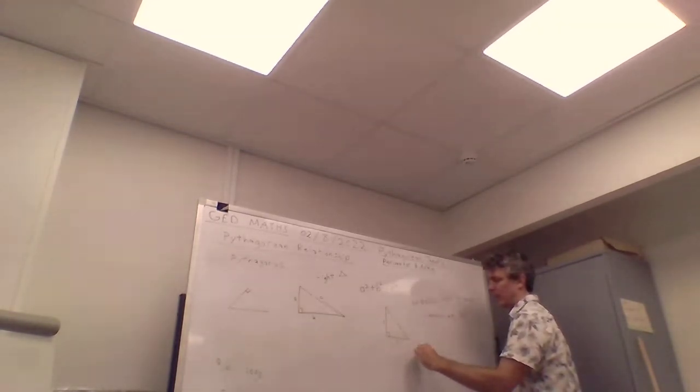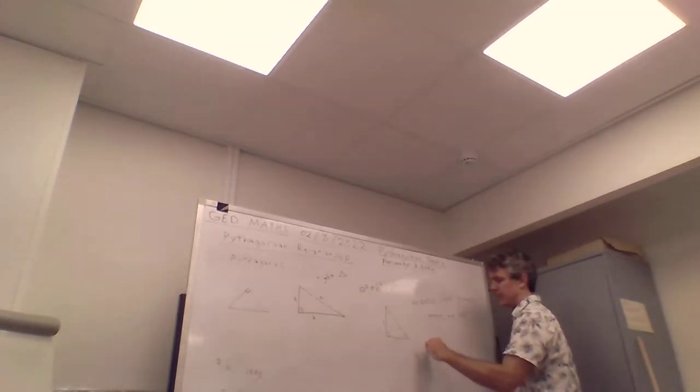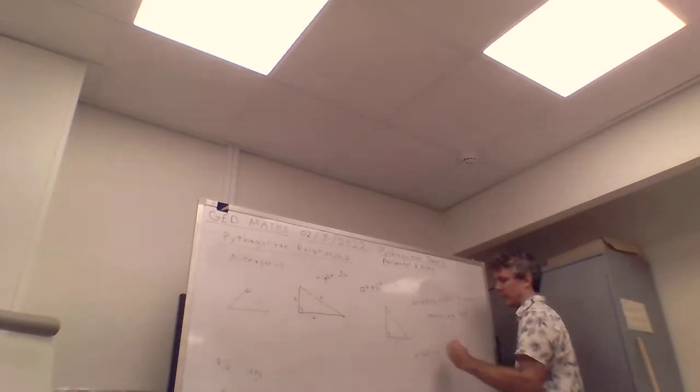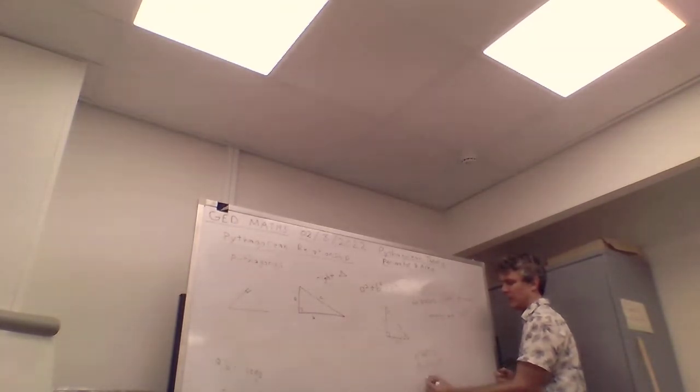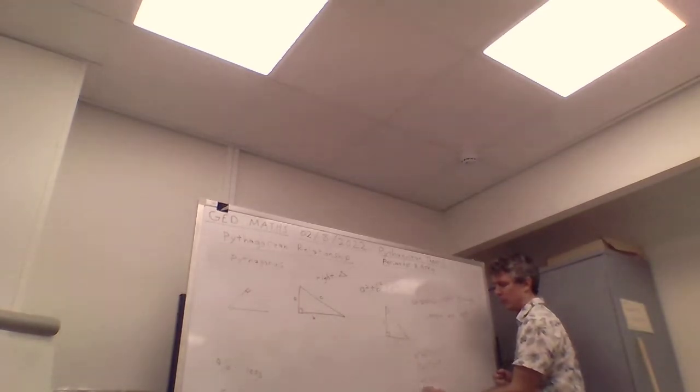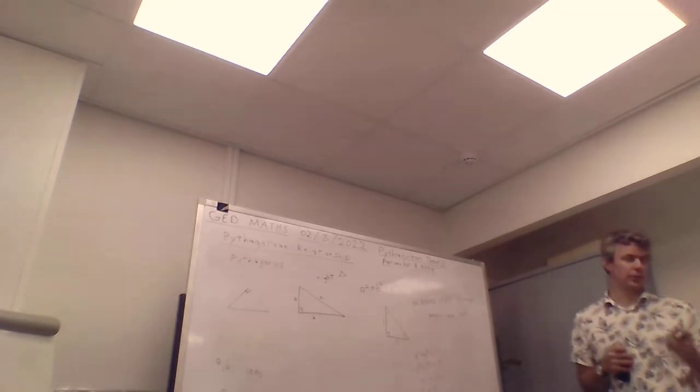Let's try it. It's a squared plus b squared equals c squared. So this is going to be 1 squared plus 1 squared equals c squared, which is 1 plus 1. So 2 equals c squared. So c equals square root of 2. You can do that in your calculator.